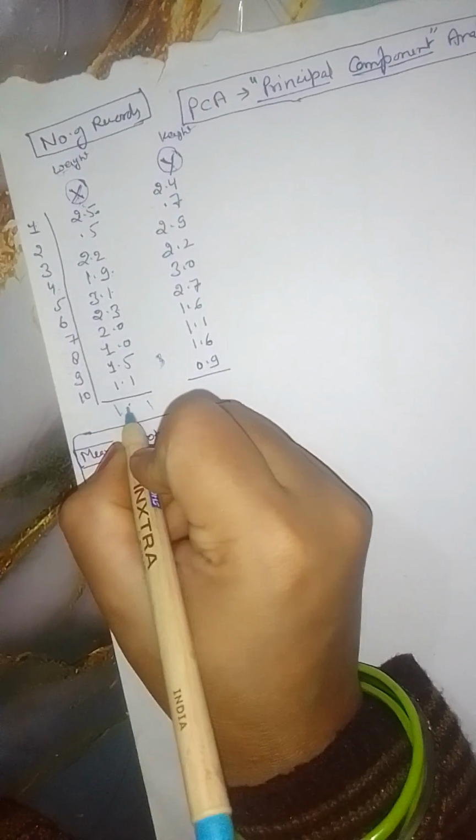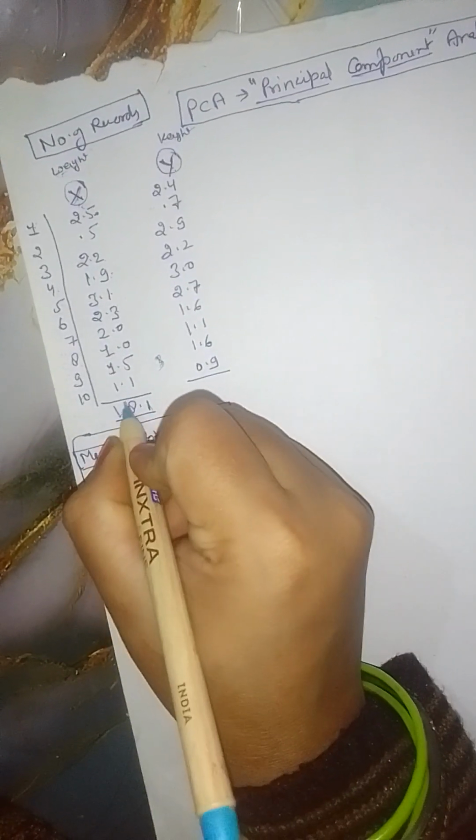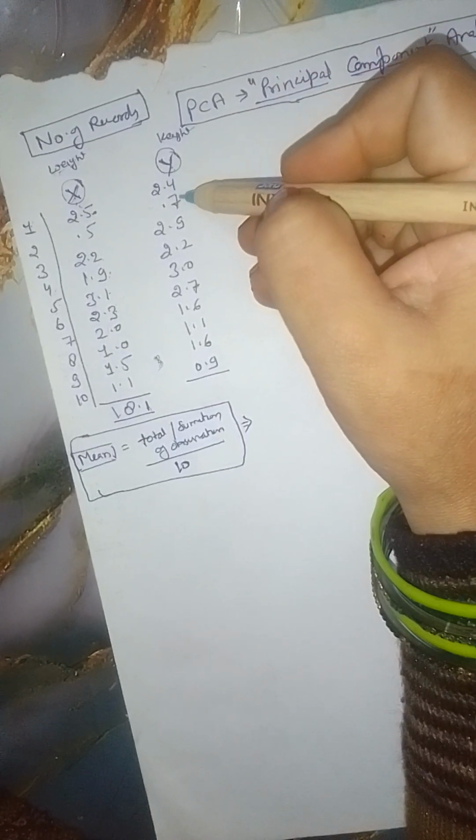So it came as 18.1, fine. 18.1 is the summation of all these records. Let's take the summation of this thing.